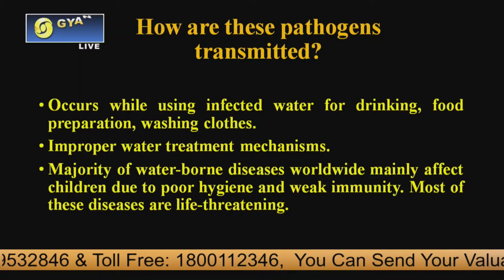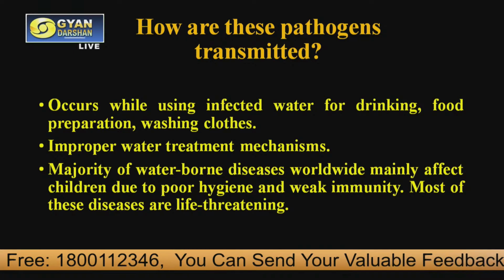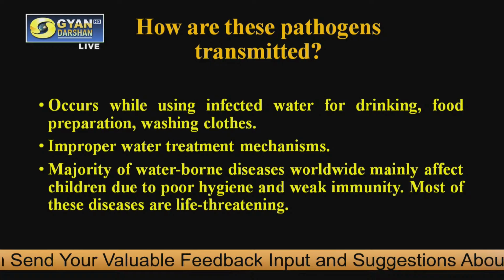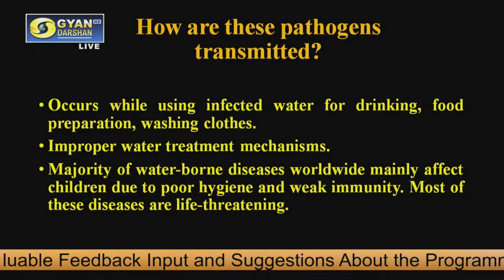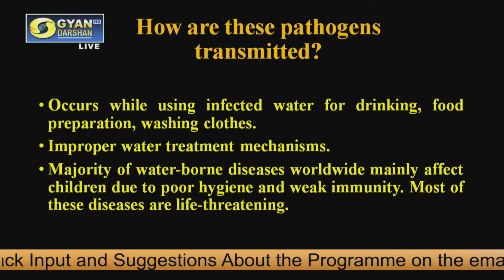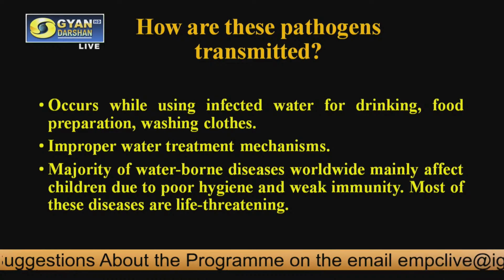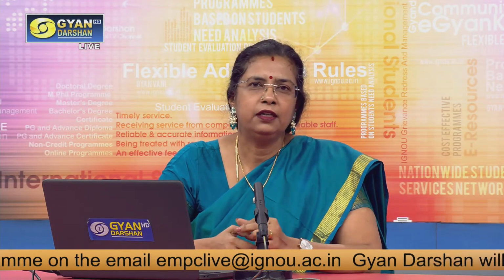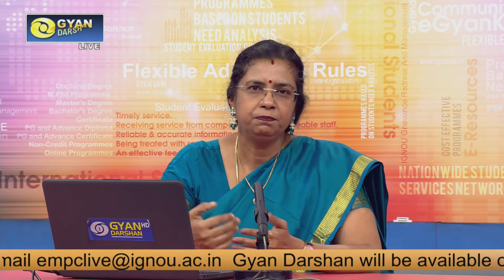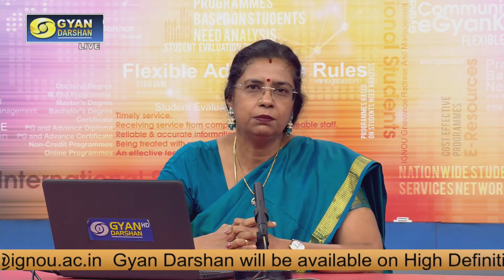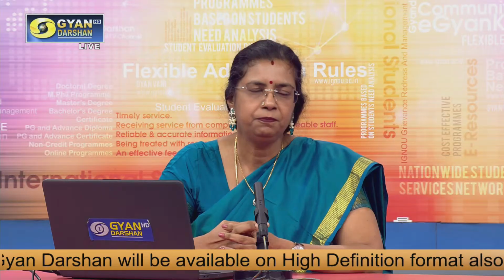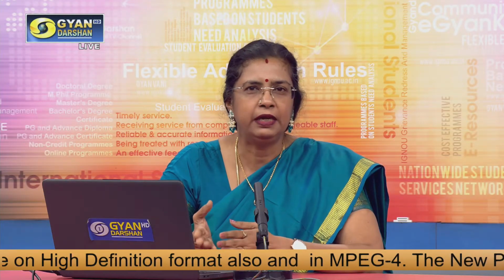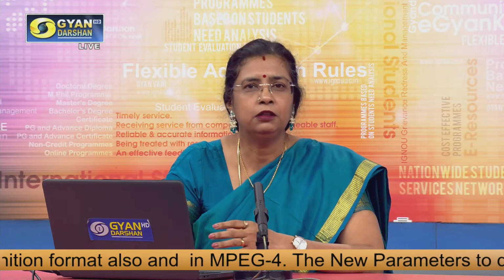Majority of the waterborne diseases affect the elderly and the young children, or those who are immune compromised, maybe due to poor hygiene and weak immunity. Most of these diseases are life-threatening because many people don't understand that a bacterial infection multiplies in hours. The infection speeds up very fast, and bacteria divide by binary fission: 2 becoming 4, 4 becoming 8, 8 becoming 16, 16 becoming 32, and so on.